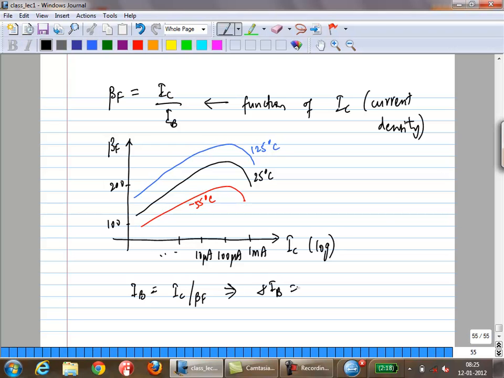What is delta IB? Delta IB is nothing but d by dIC of IC over beta F times delta IC. Correct?